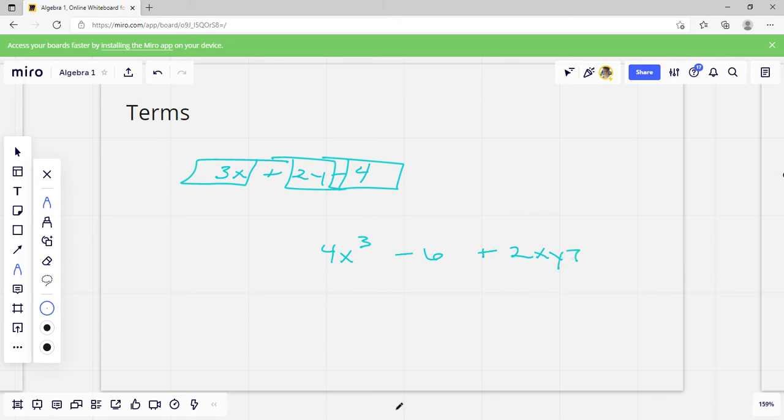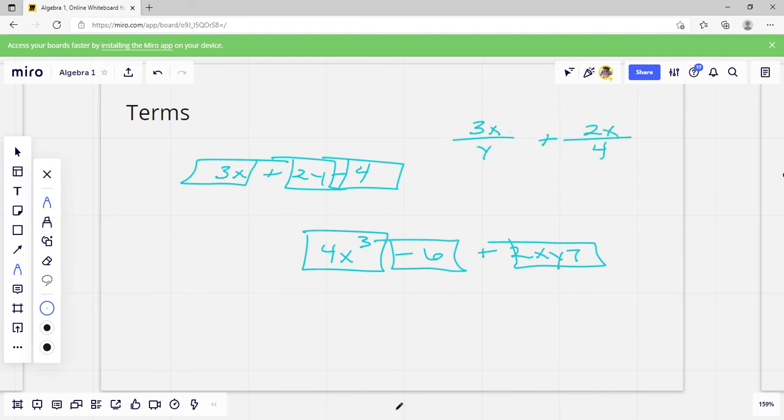We would have a term right here, 2xyz. 6 would be a term, and 4x to the third would be a term. It could even be written as a fraction. So if we had 3x over y plus 2x over 4, here's a term, and here's a term. Super easy.